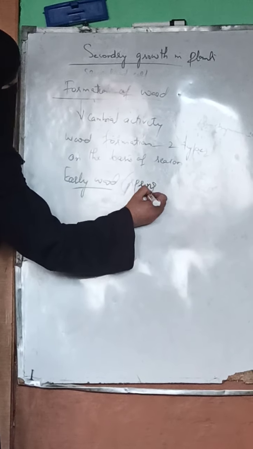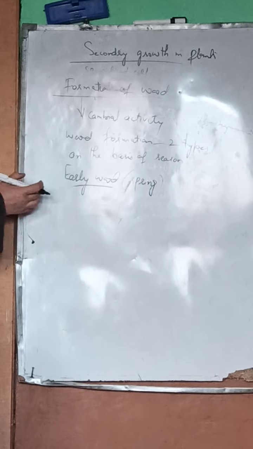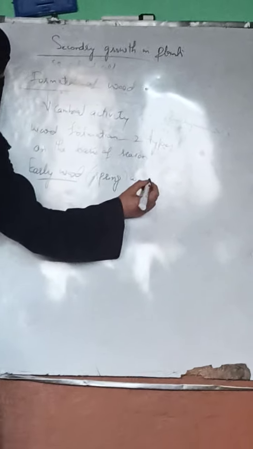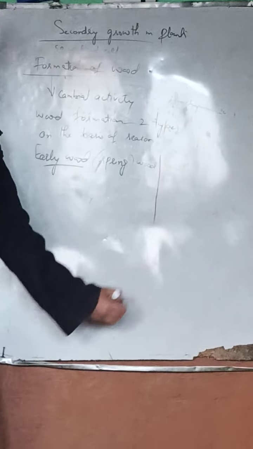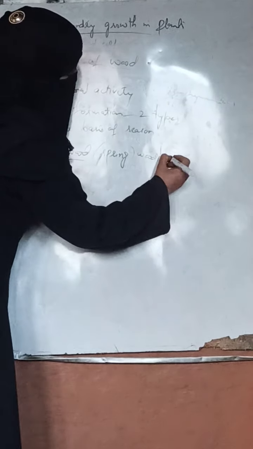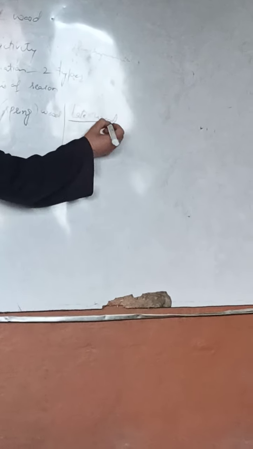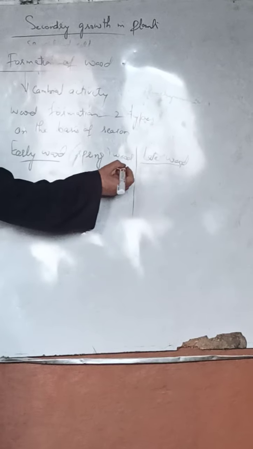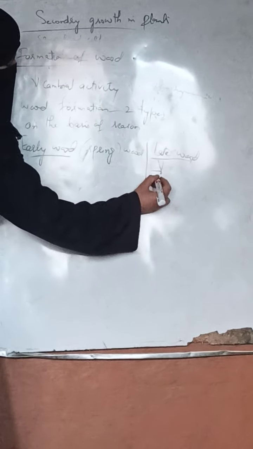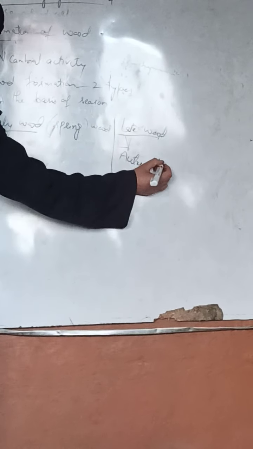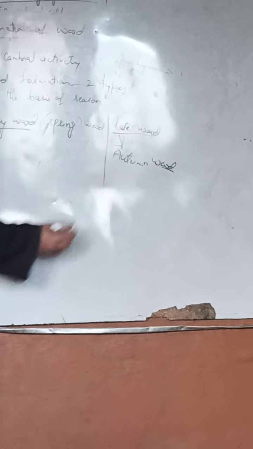It means that the wood which is formed in the early stage is early wood. Now there is late wood, and this late wood is also called autumn wood.